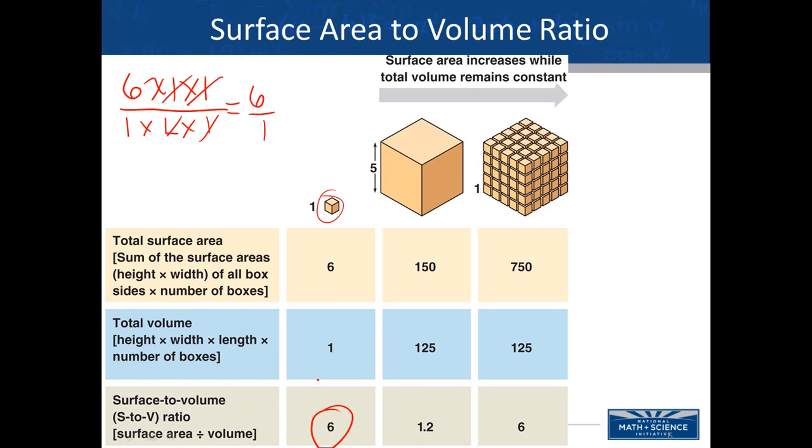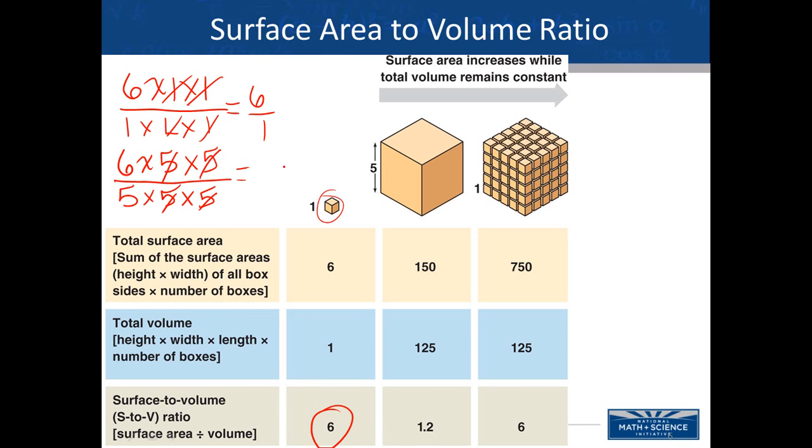Now let's increase the volume so that now the height, the width, and the length are 5. If you want to determine the surface area, again there are 6 faces to the cube. The length is 5 and the width is 5. For the volume, the height is 5, the length is 5, and the width is 5.